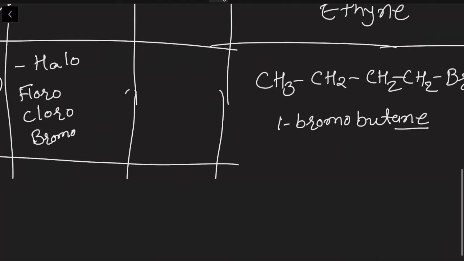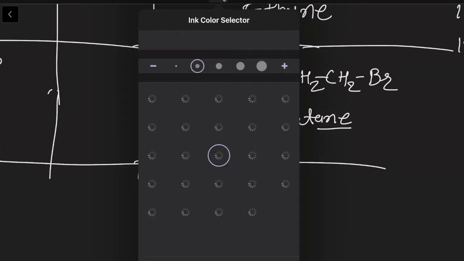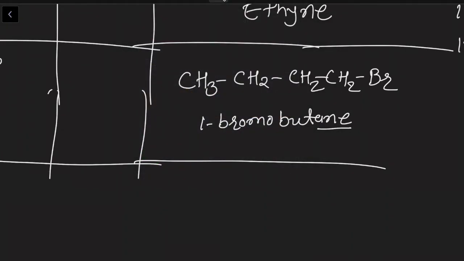All right, the alkane suffix. Now, if we have a double bond here, then we will call it 1-bromo-1-butene. All right, and so on.